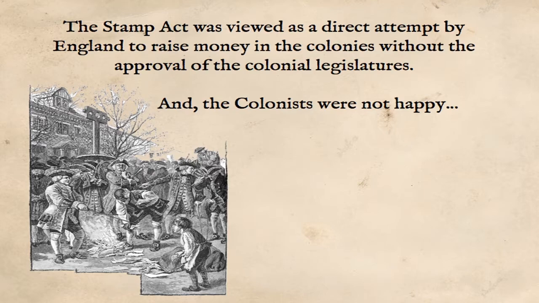So you've often heard "taxation without representation." This is where that comes from. The Stamp Act was instituted by England without the feedback from the colonies, and it directly affected the colonies. There were people within the colonies that believed that they should have input on the taxation of the colonies and how things were run.